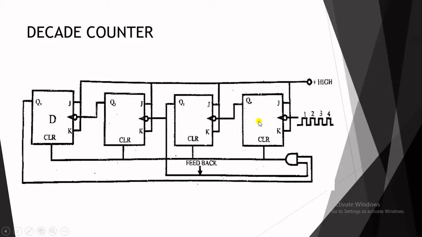In this, 4 JK flip-flops are used. The output of the first flip-flop is given to the second flip-flop, and it works as a clock. So the first output is the clock for the second flip-flop, and the output of the second flip-flop is the clock for the third flip-flop, and so on.